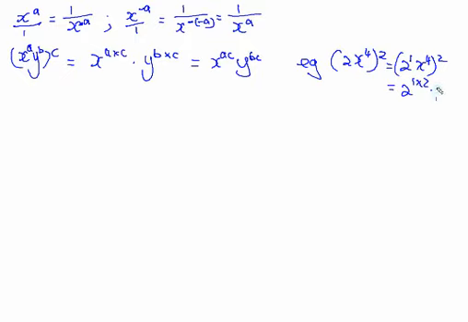This is equal to x^(4 times 2). So this becomes 2 to the power of 2, x to the power of 8. 2 to the power of 2 becomes 4x^8.